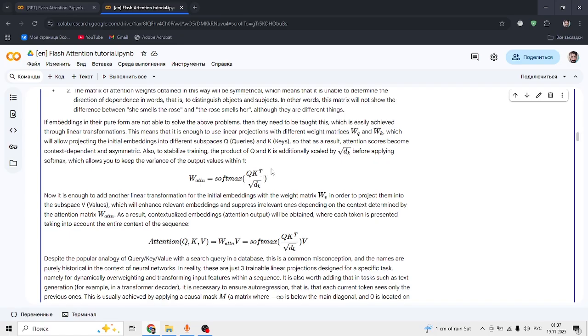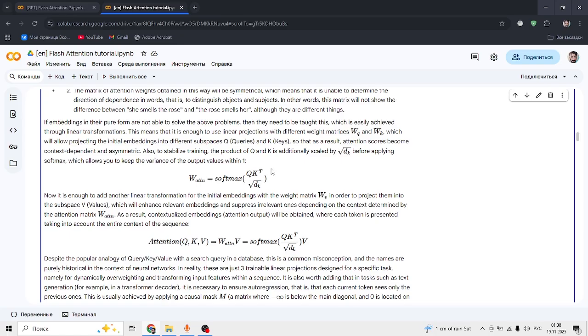And now we need only to add another linear transformation for the initial embeddings with the weight matrix WV in order to project them into the subspace V, which will enhance relevant embeddings and suppress irrelevant ones, depending on the context determined by the attention matrix.